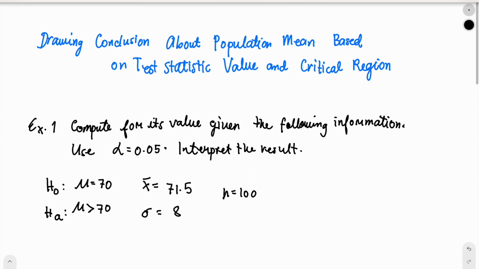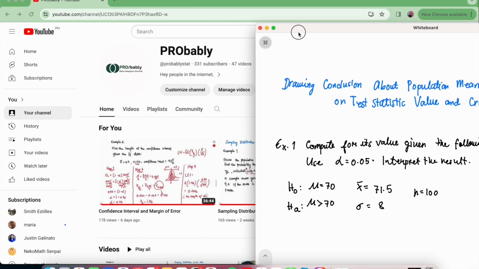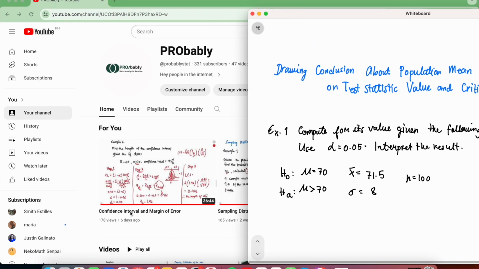So our lesson for tonight is in continuation from the previous topic. We had confidence interval and margin of error.